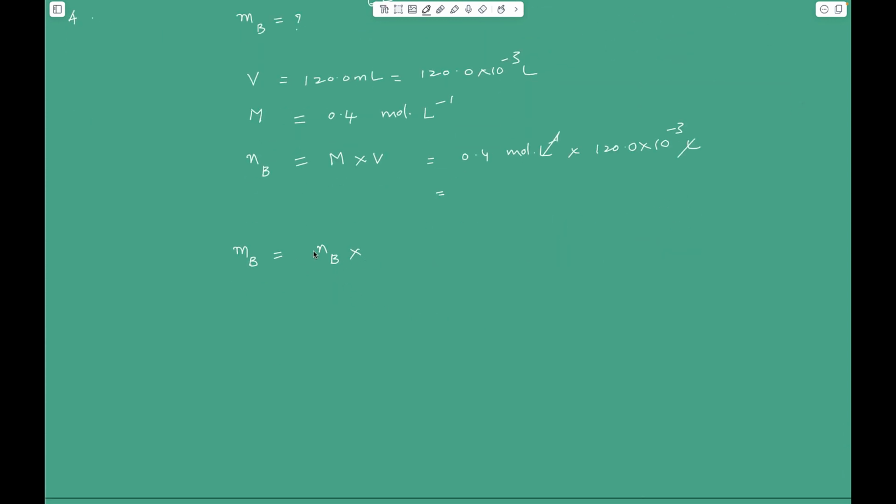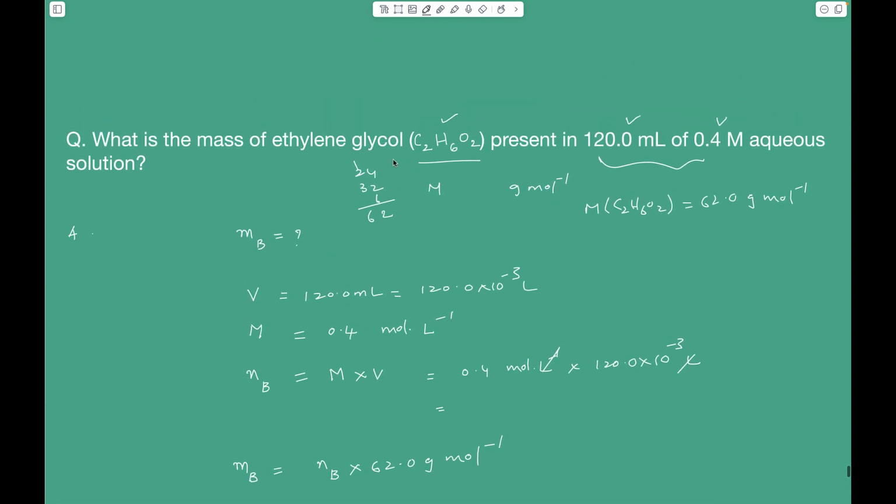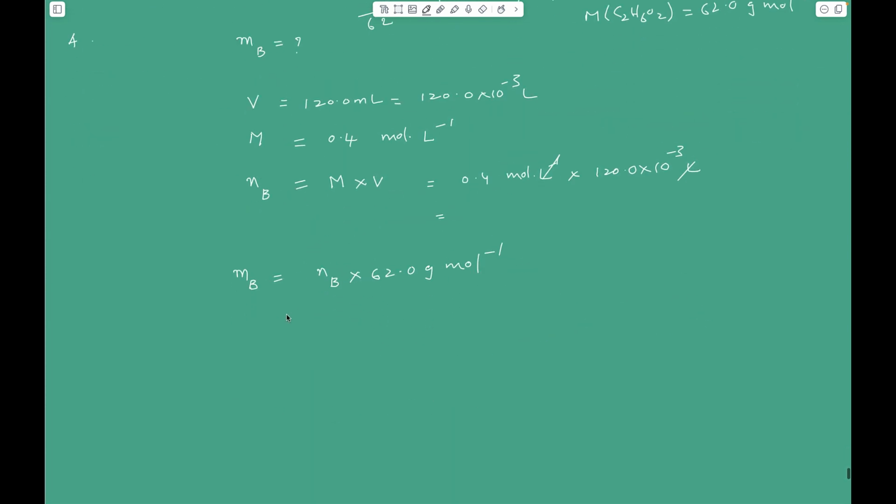So you multiply the amount of substance with its molar mass to get the mass of ethylene glycol present in this solution. So what is nB? 0.4 into 120 into 10 to the power of minus 3 mole multiplied with 62 gram per mole. These two get cancelled and simplify this to get the mass of ethylene glycol in grams.